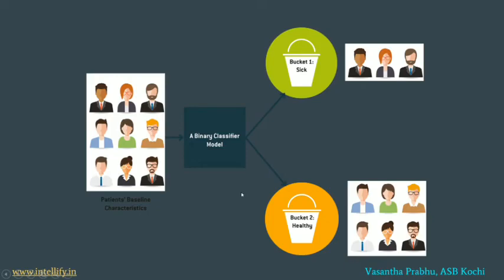So here we have some graphical representation of what is qualitative data classification. Here we have patient's baseline characteristics, some characteristics of a group of people. We have 9 people here, and we are classifying using this model.